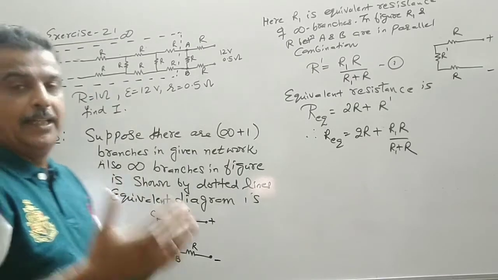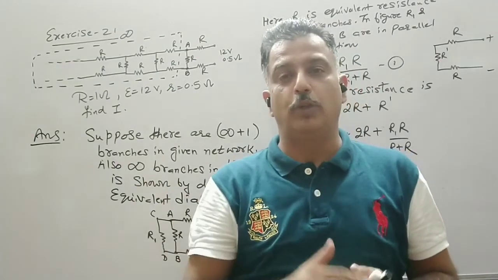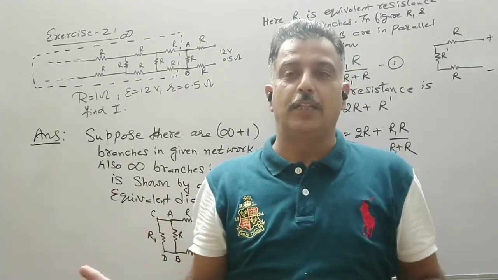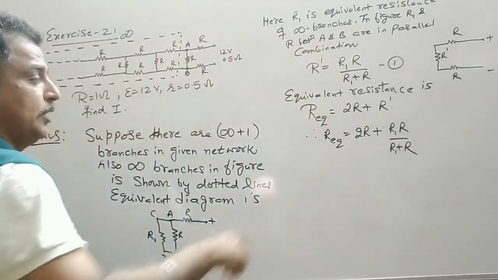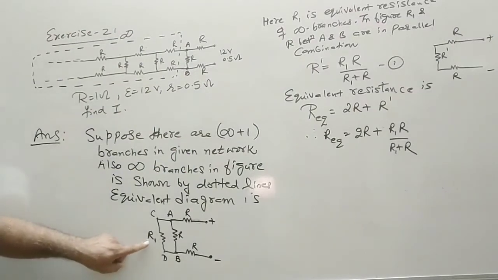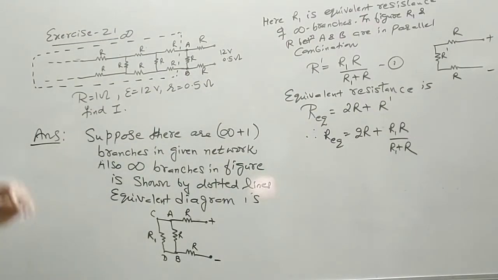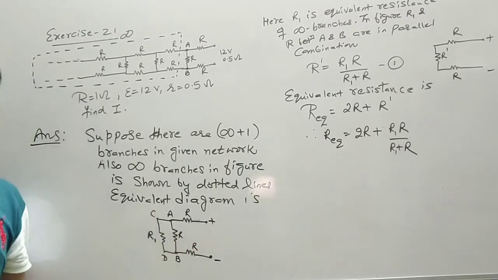So it is like one is added to infinite. So the resultant will be infinite only, approximately. So this R equivalent will be equal to R1 only, because we have simply added one branch to the infinite.